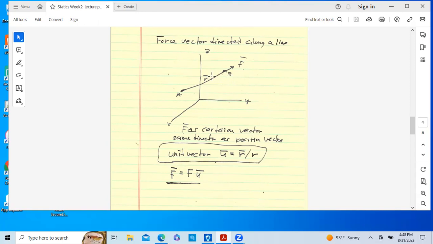We can define a position vector R between A and B. Okay, so this is the force vector, and we're just selecting a couple of points along here. So there's a position vector that takes the same line as this force vector here. So we're describing that position vector along that force line vector.